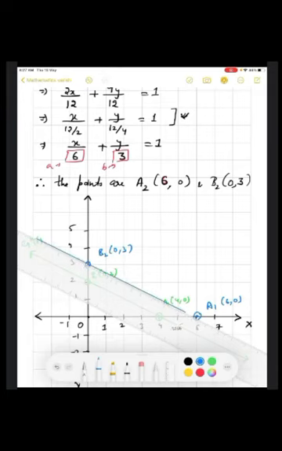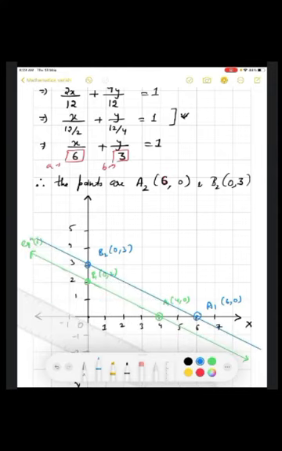Can you see these equations? How they're going? Aren't they parallel? Class, will they meet? Will they meet anywhere? They will not meet anywhere. They'll go parallel. So is there any common point of intersection between them? No. If there is no common point of intersection, will they have any solution?